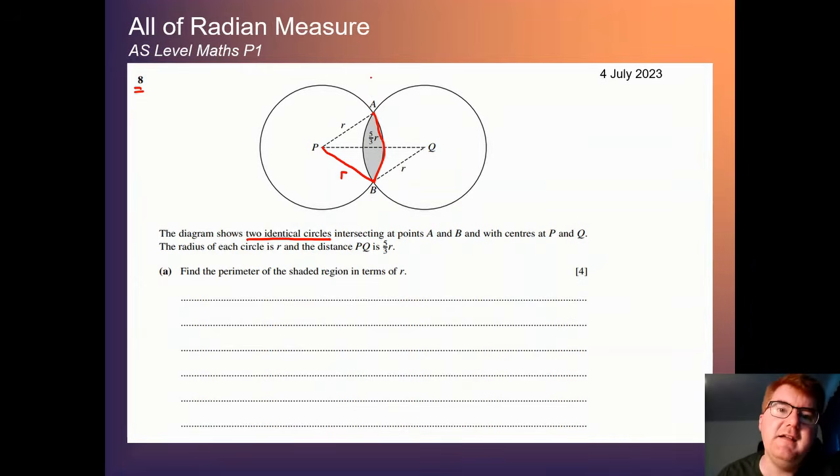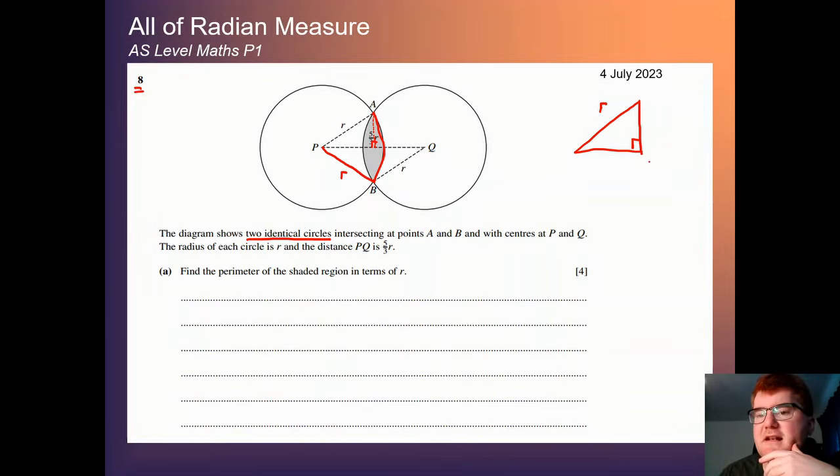And consider if I drew a line down here. This is the classic drop a perpendicular. You're probably wondering why we would want to do this. It's because we've got enough information from this triangle to work out the angle made at P. The radius here is equal to the hypotenuse of this triangle.